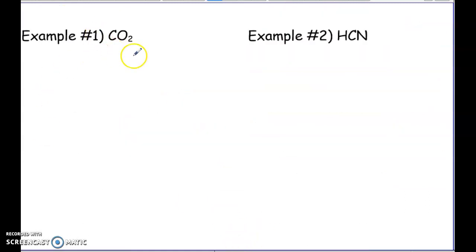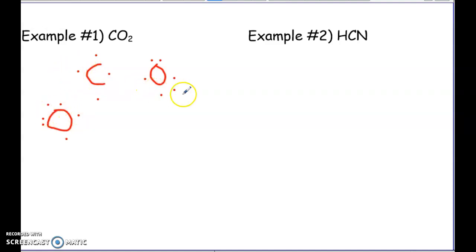All right, carbon dioxide. So we have carbon, 1, 2, 3, 4. It's in group 14. Oxygen has 6, and then we have another oxygen that also has 6. Carbon can share 4 electrons because see how they're all alone. Oxygen can share 2, and this oxygen can share 2. So maybe you can already see what's going to happen.